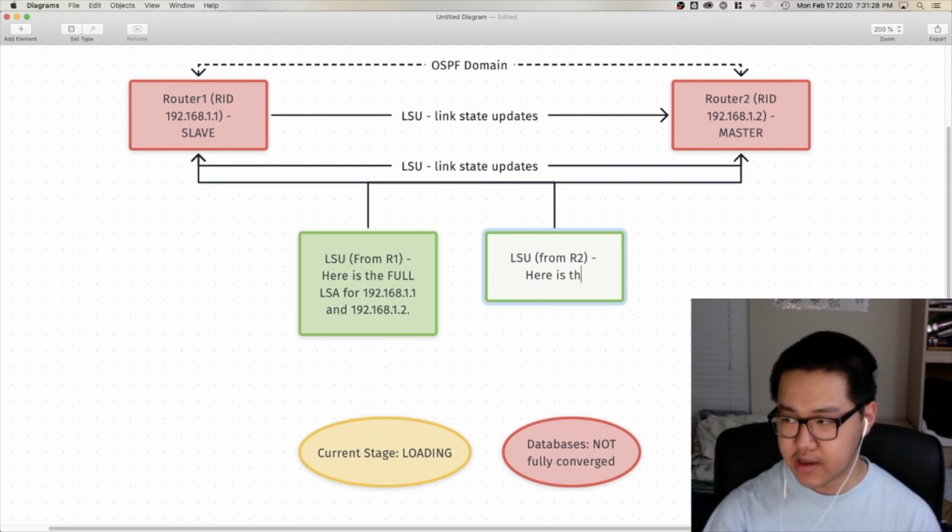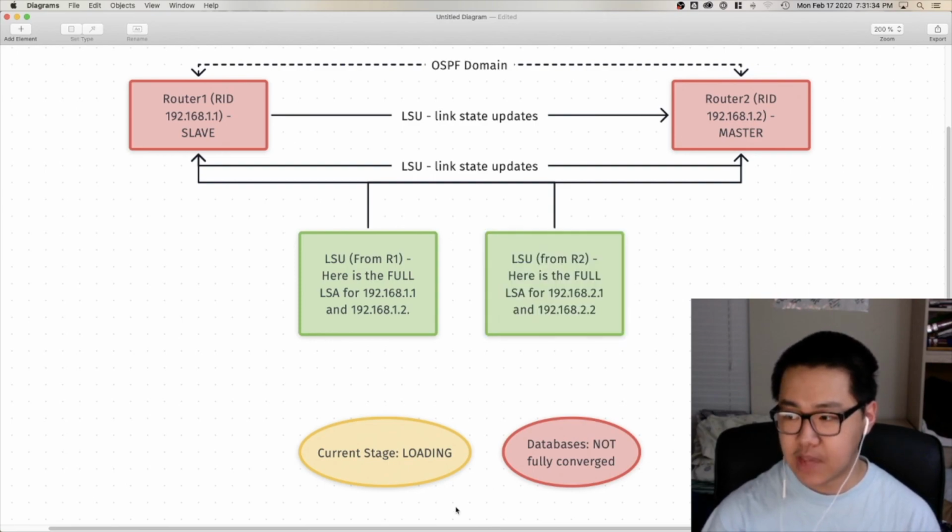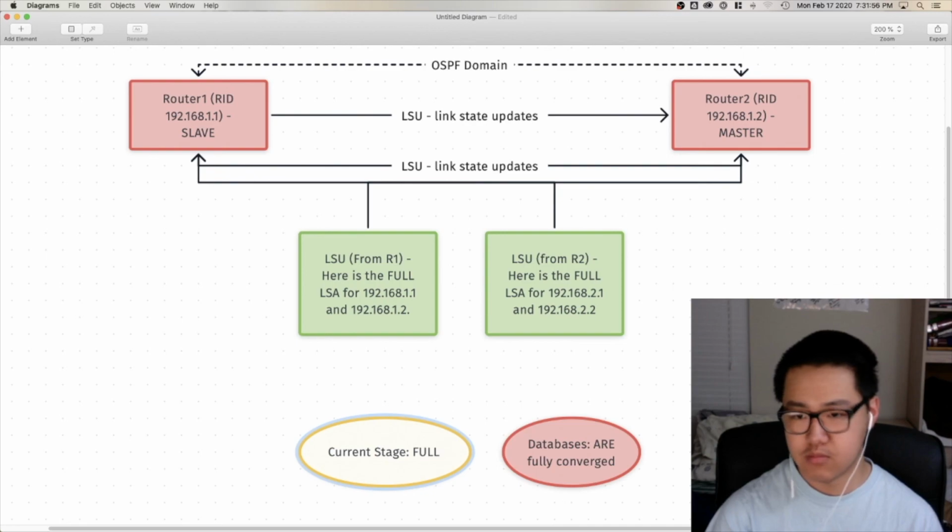Here is, again, the full LSA for 192.168.2.1 and 192.168.2.2. So this time, it's not just the LSA headers, it's now the entirety of the LSA and all the juicy bits that it contains. Anyway, now we have these LSUs exchanged. They both know that the databases are indeed fully converged, and now they have a full state.